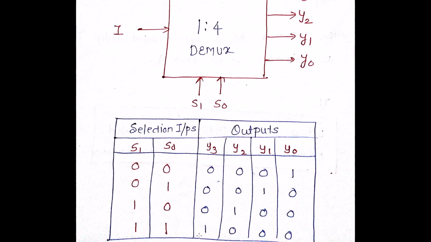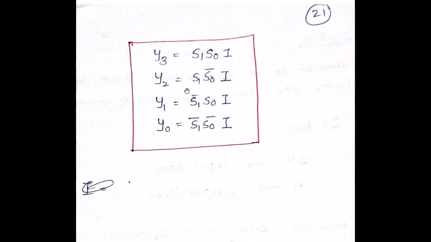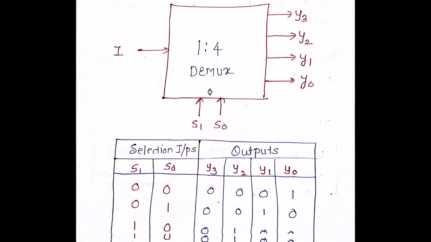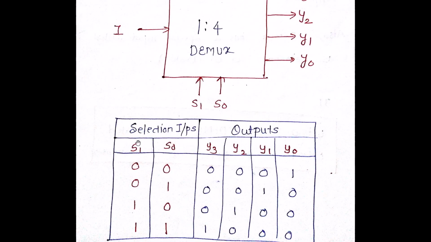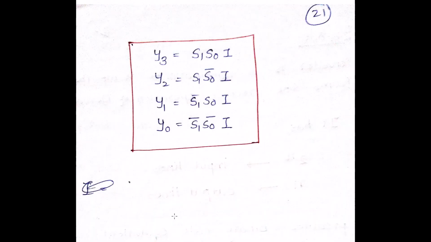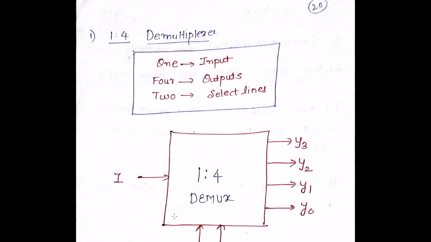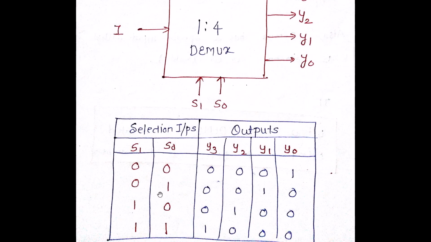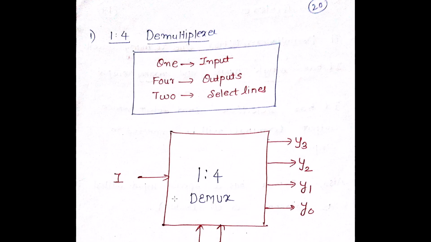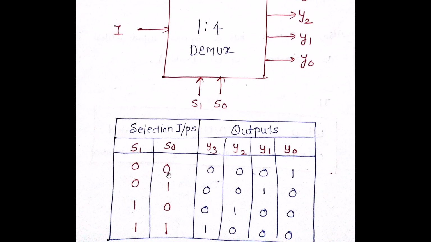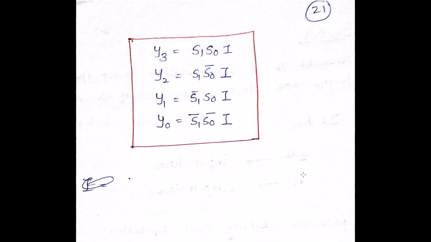Hence I have y3 equal to s1 s0 I. When I talk about y2, s1 is 1 and s0 is 0, so y2 becomes s1 s0 bar I. I hope I'm very clear with this. Similarly, my y1 is given as s1 bar s0 I, and your y0 is given as s1 bar s0 bar I. I hope I'm very clear to you.